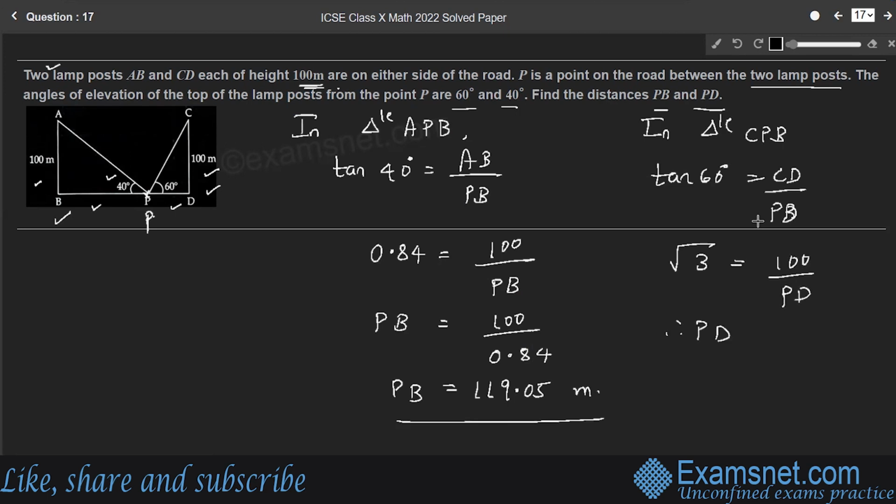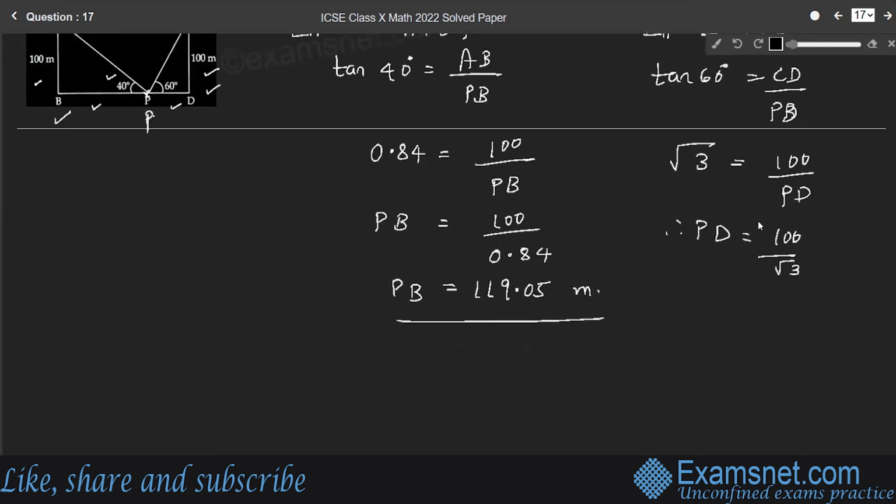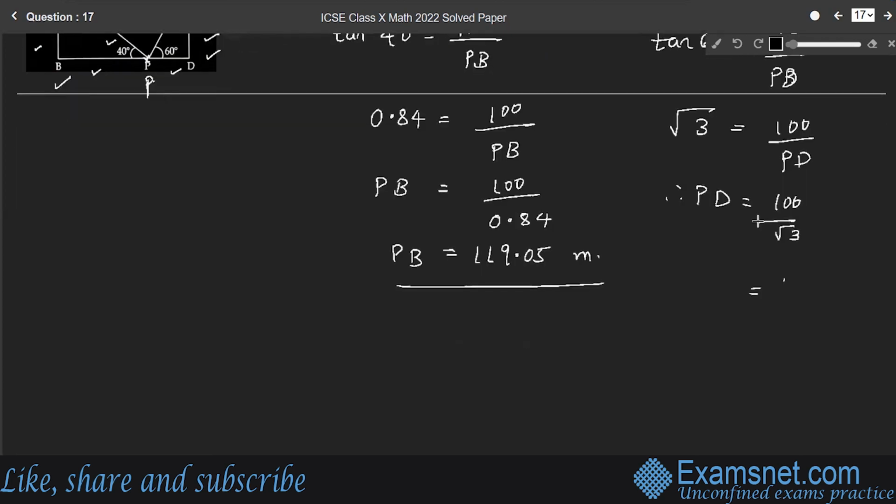So PD is 100 by √3. √3 is 0.73, so 100 by 0.73, which is equal to 57.67.